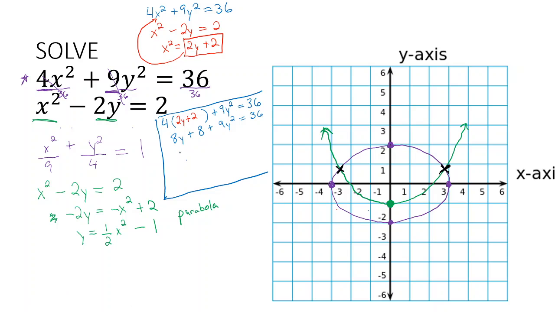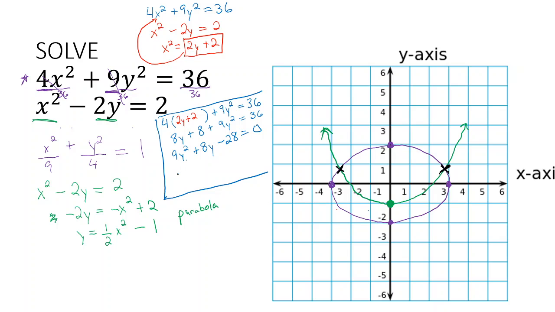So now I can begin working on solving this by saying 9y squared plus 8y minus 28 equals 0. And from there, and for time's sake, no, let's just work it out.